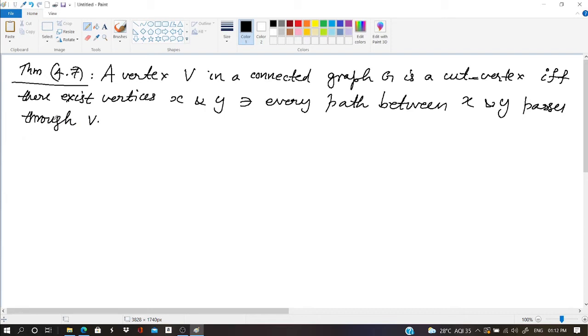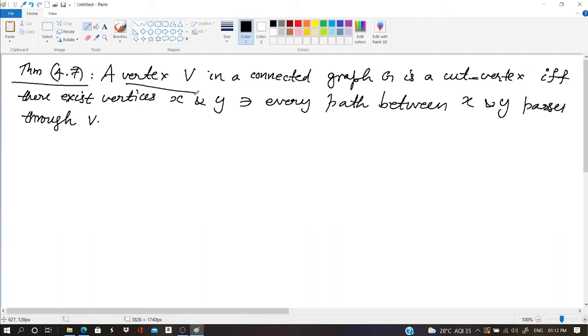Okay, a vertex V in a connected graph G is a cut vertex if and only if there exist vertices x and y such that every path between x and y passes through V. That is what is meant by a cut vertex.